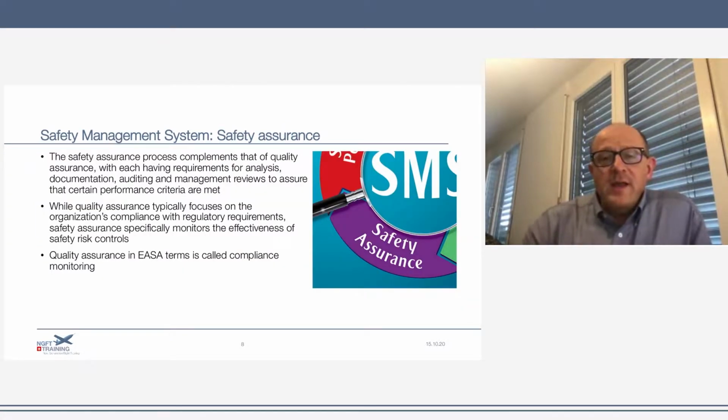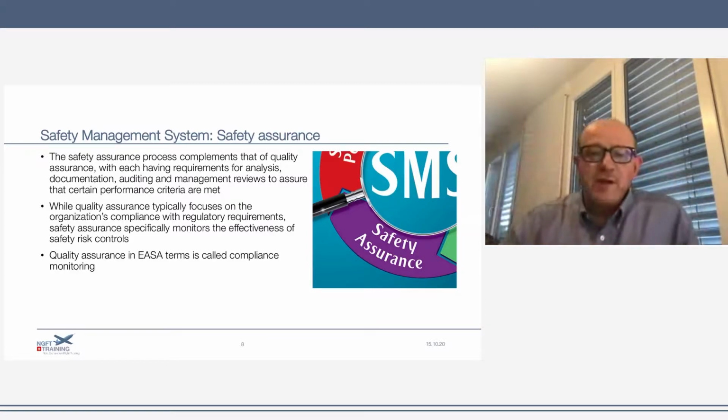So in this safety assurance part, okay, there obviously is quality assurance, which is focused on processes. That's documentation, auditing, management review. But actually the question is, are we actually measuring safety with this? That's the official description from the ICAO Safety Management Manual.